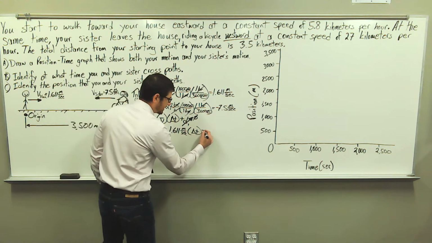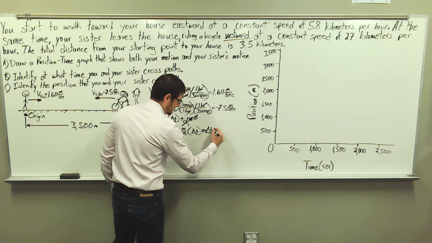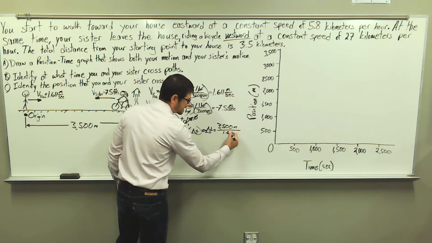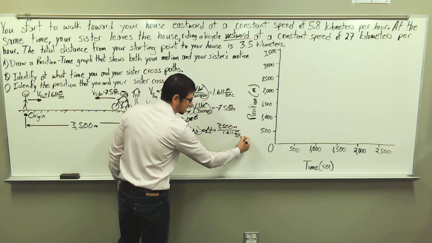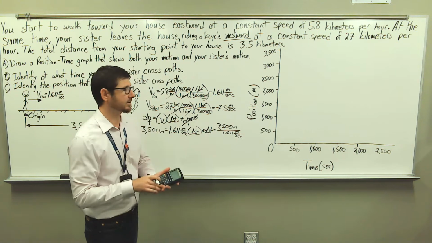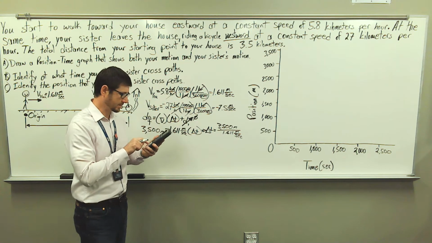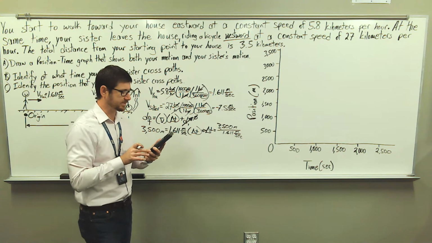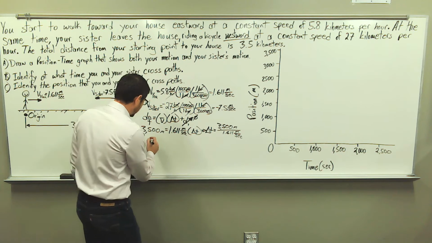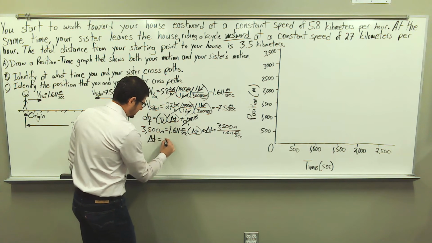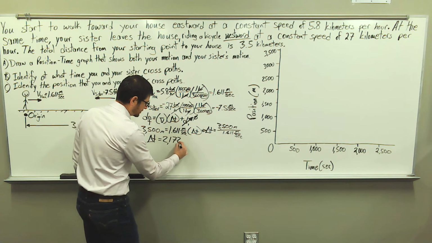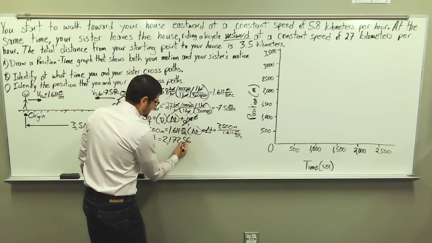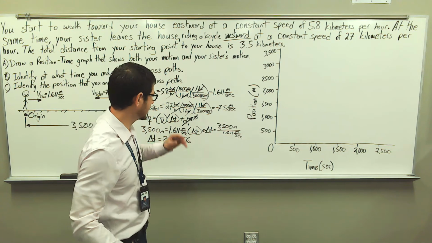So what I have is delta t is equal to 3,500 meters divided by 1.611 meters per second. So let's grab our calculator here. 3,500 divided by 1.611 gives me 2,172.56.